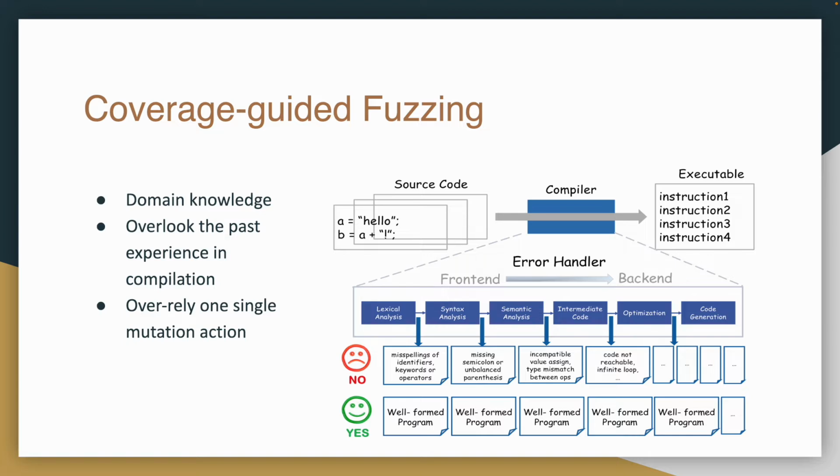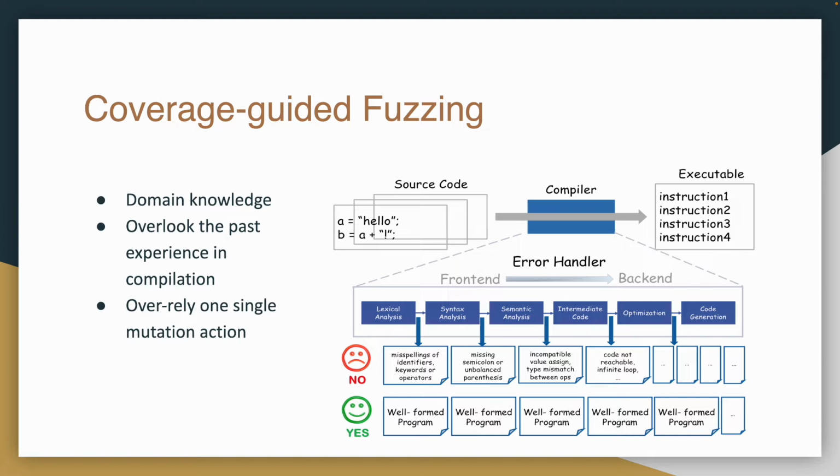In coverage-guided fuzzing, testing coverage doesn't increase linearly. In other words, each of these mutations may not improve the testing efficiency incrementally. If we look into the compilation procedure in a compiler, it actually contains multiple checking stages.